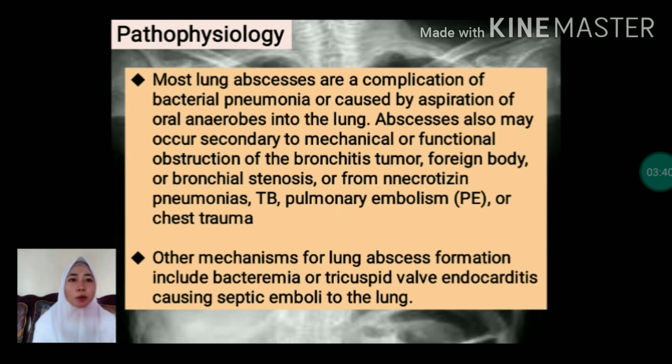Abscess also may occur secondary to mechanical or functional obstruction of the bronchus by tumor, foreign body, or bronchial stenosis, or from necrotizing pneumonias, TB, pulmonary embolism, or chest trauma. The other mechanisms for lung abscess formation include bacteremia or tricuspid valve endocarditis that cause septic emboli to the lung.